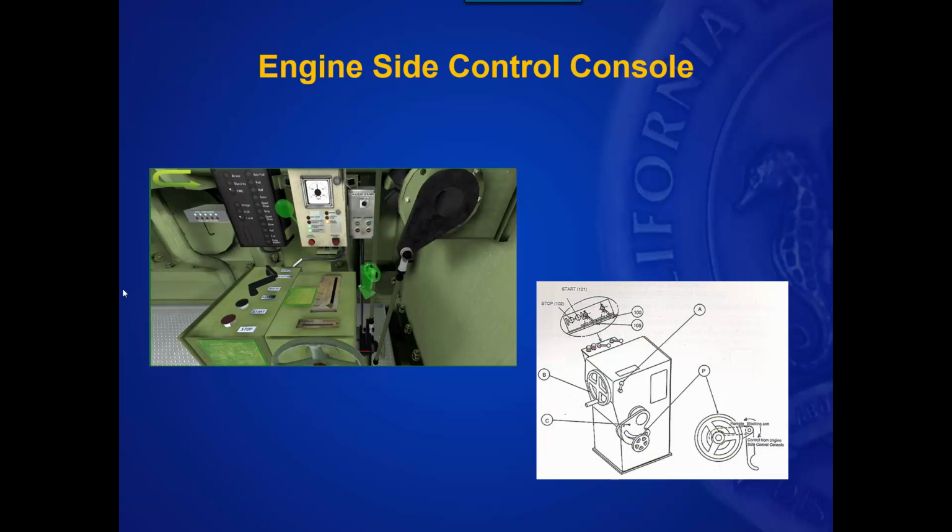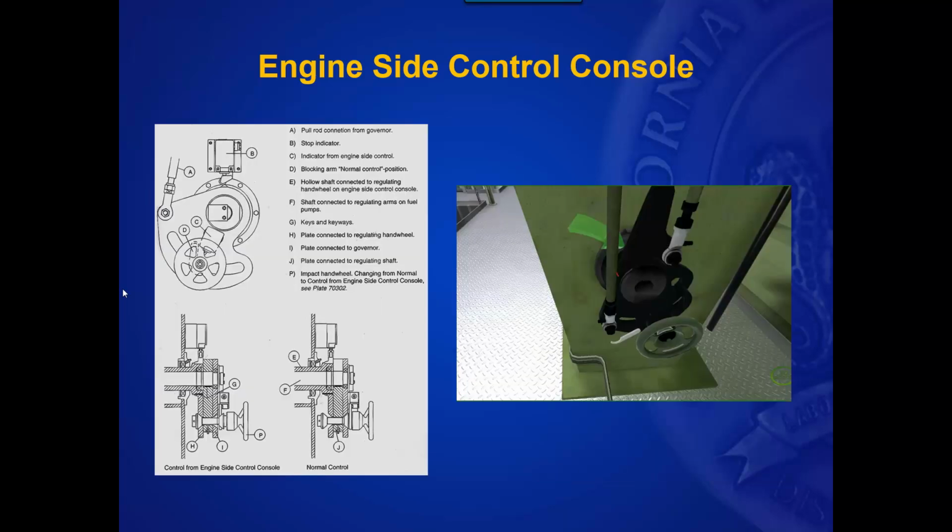What you're looking at on the top of the control stand are all the pneumatic controls to operate this engine from local. In addition, on the side, you have a mechanical clutch. This mechanical clutch serves to disengage the fuel racks from the governor and connect them to a wheel on the local control stand, and vice versa.